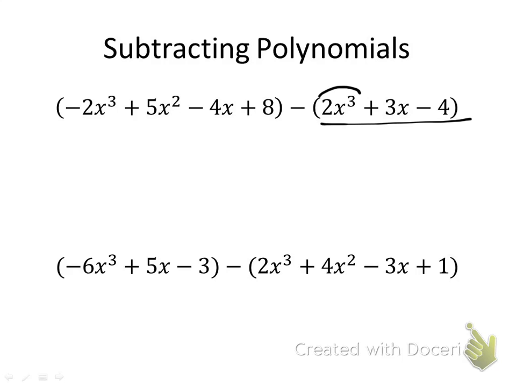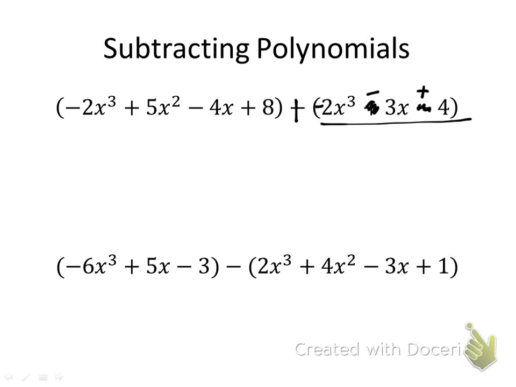So, what is 2x cubed? Positive or negative? Positive. So I'm going to change it to a negative. What is 3x? Positive or negative? So I'm going to change it to a negative. What is negative 4? Well, negative. What am I going to change it to? Positive. Now, when I do that, is everybody looking?